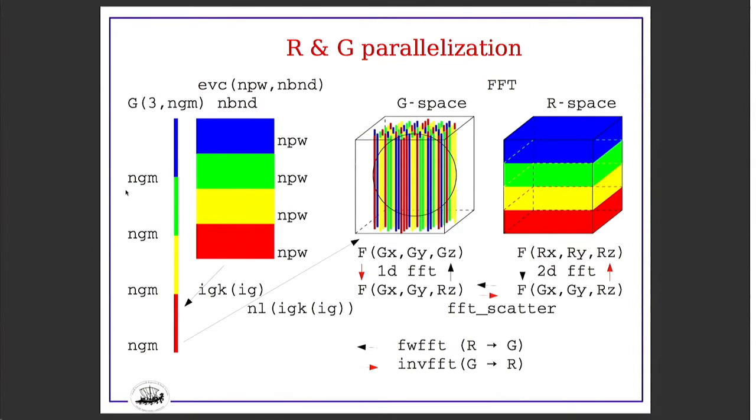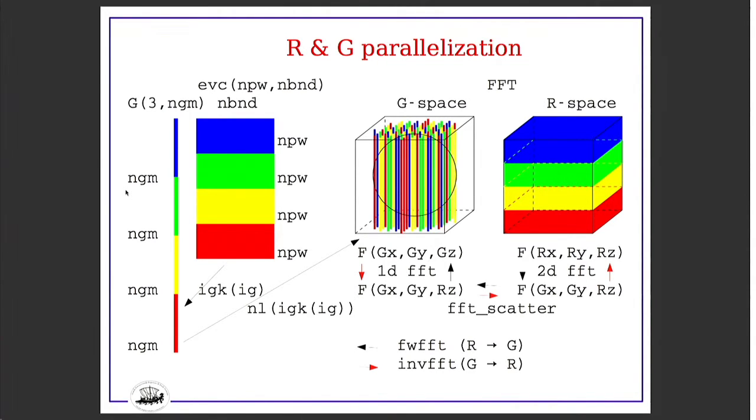This is actually mapped on columns along the z direction. Then these columns along the z direction are Fourier transformed in one dimension, along z. So you get an object which is in reciprocal space on the first two indices.